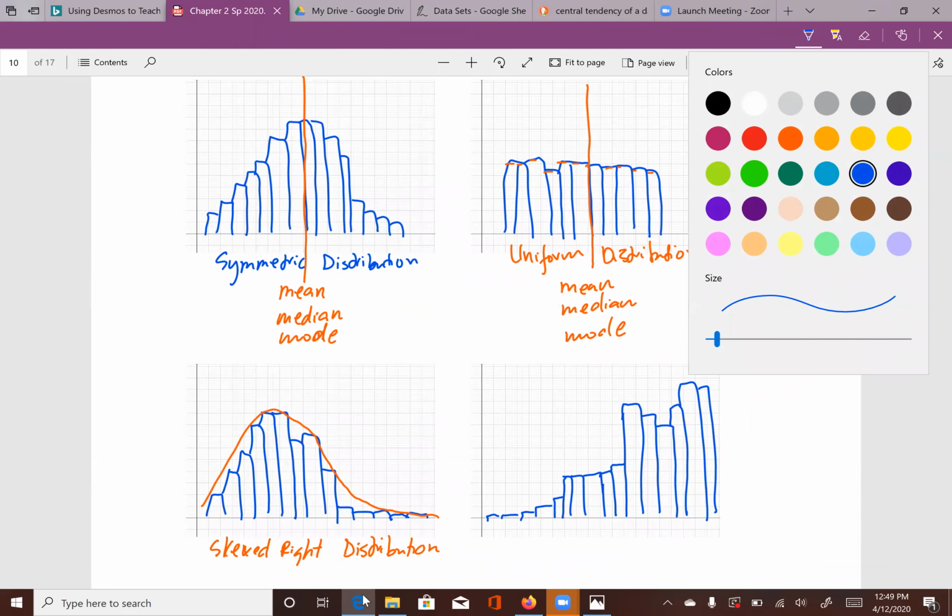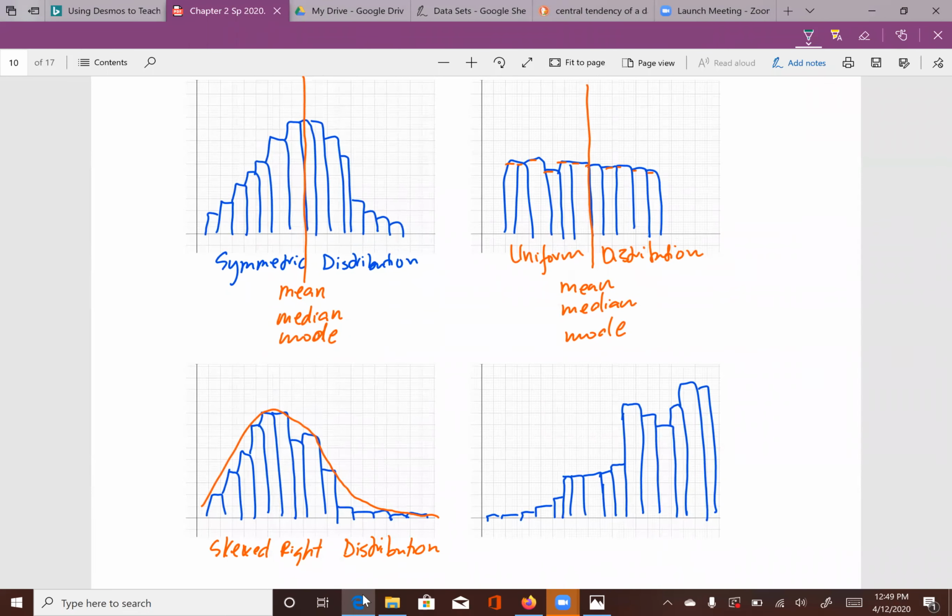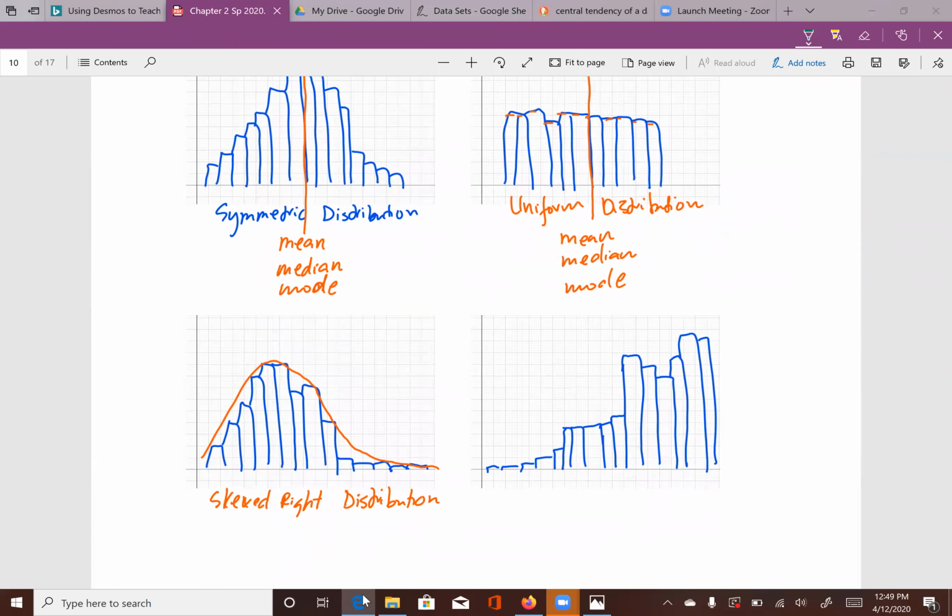Let me get another color. So in this skew right, the median will be somewhere here, and this is the median. And then the mean will be here.